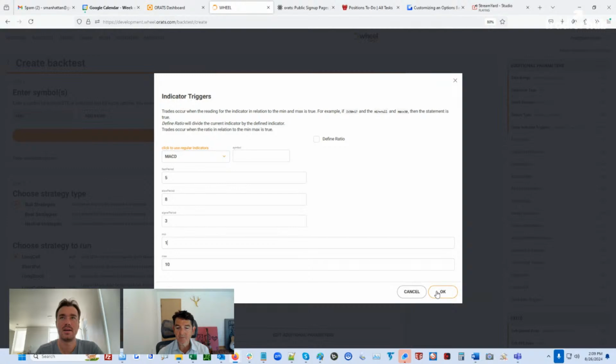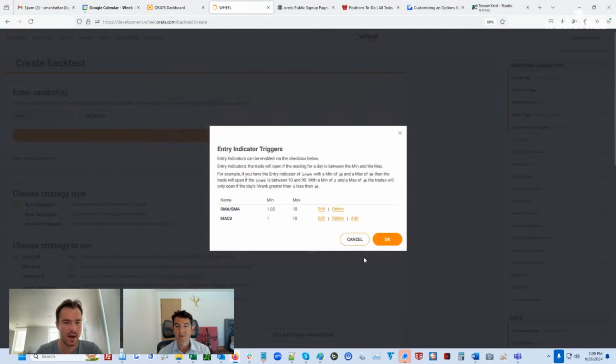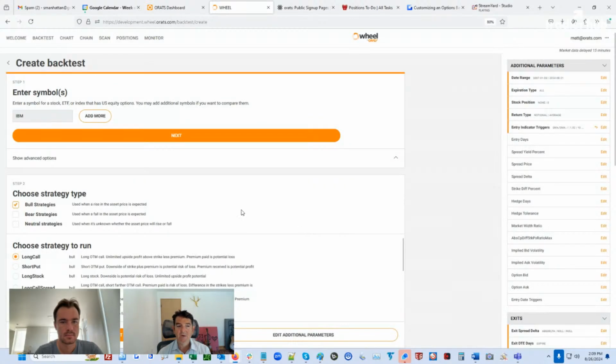And is this going to trigger when both of these are met at the same time or when either of them are met? Yeah. So both of them have to be met in order for it to trigger. Okay. So again, you could use different ones to get in and get out, but you just have to make sure that you're not getting in and getting out the next day. So they have to be somewhat similar, or else you're going to be churning quite a bit.